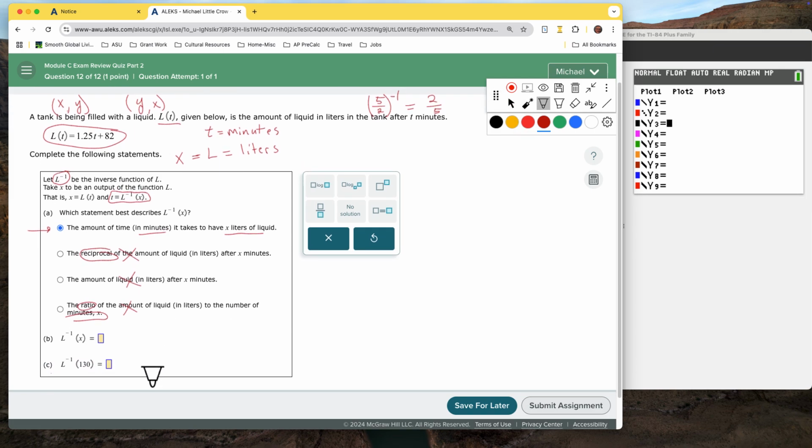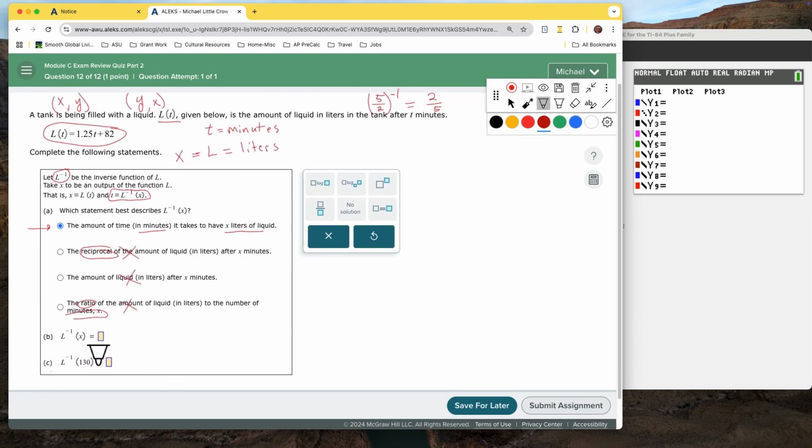Now they want us to actually find the inverse function. So what we do is we will start with the original function, and we'll replace L of t, because that's what they sort of tell us, with X. So you get X equals 1.25 t plus 82. And then because of this notation, they're telling us if we solve for t, that means we're solving for the inverse function.